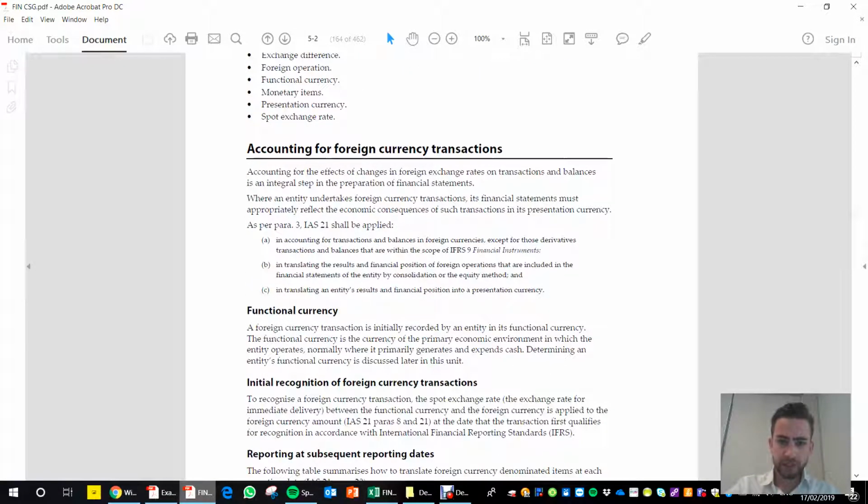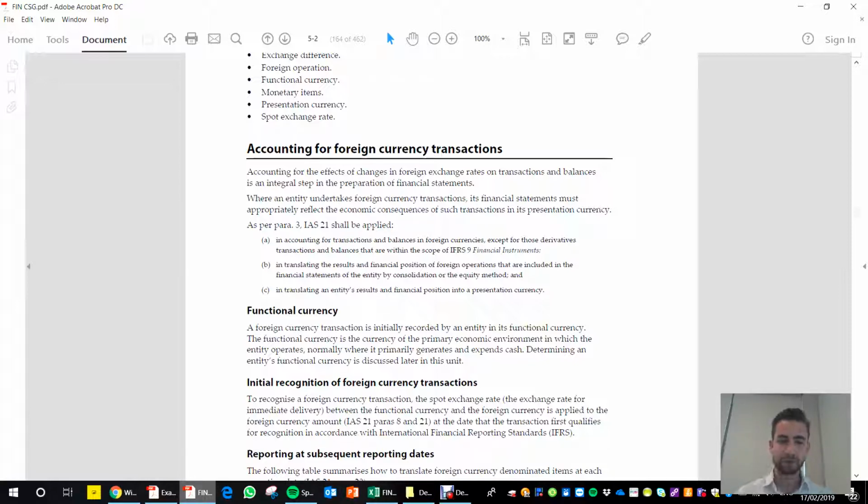So basically, a lot of companies these days are dealing with foreign markets, and I guess the accounting standards need to come up with the correct treatment as to how to treat those foreign exchange transactions, and also the second part to that is translating your actual financial statements at year end to a different currency.